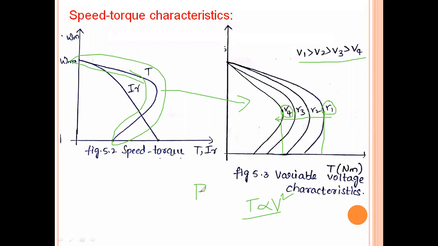Because from the power relationship, P is equal to omega T. So omega is the speed and T is the torque. If we make power constant, then P by omega will be the torque. If power is constant, then this relationship shows the torque and speed will have an inverse relation.